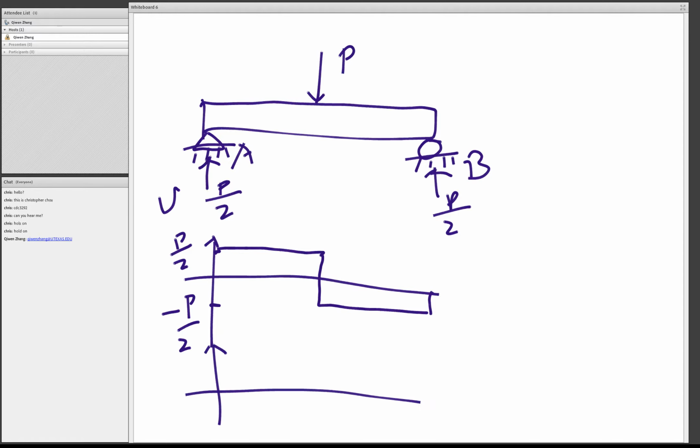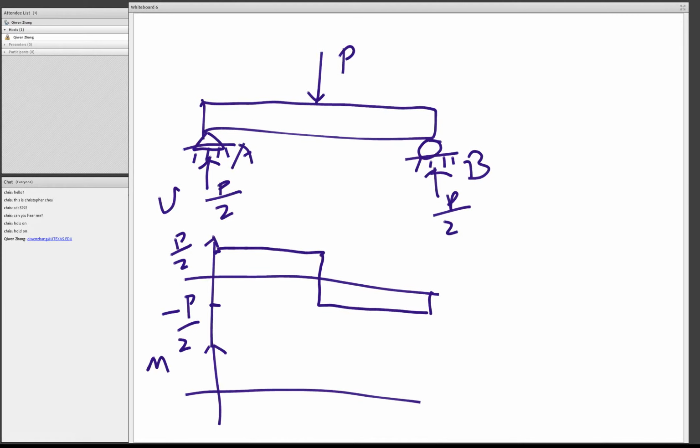So let's say this is the moment diagram, and we know that the open-ended beam could not support any moment. So we know that at the reaction support A, the bending moment is 0.